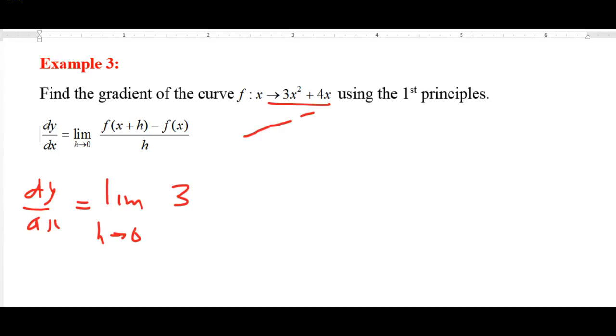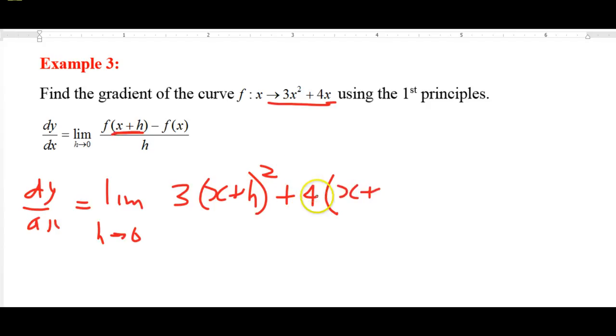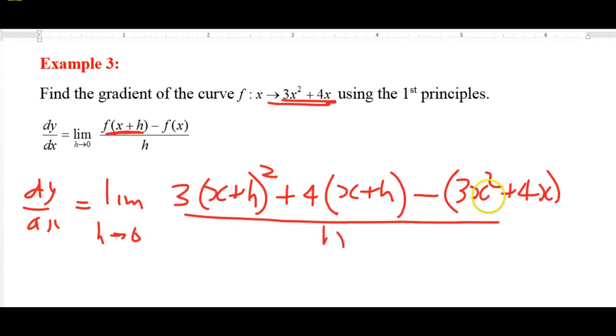So 3 into bracket, our x, and x plus h represent this, to the power 2, plus 4, x plus h again, and x plus h represent this. Then we are done with the writing of the function in terms of this. Then minus the whole function, which is 3x squared plus 4x. Everything divided by our h.